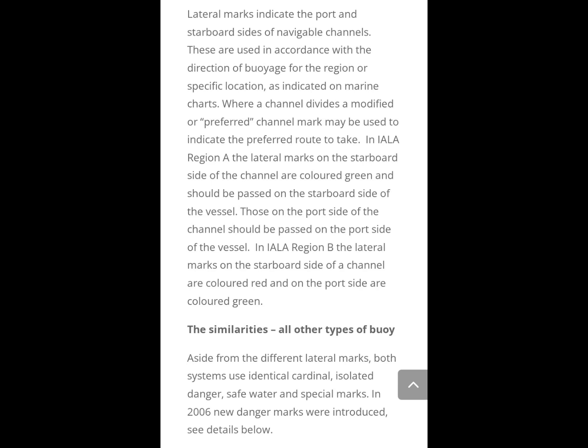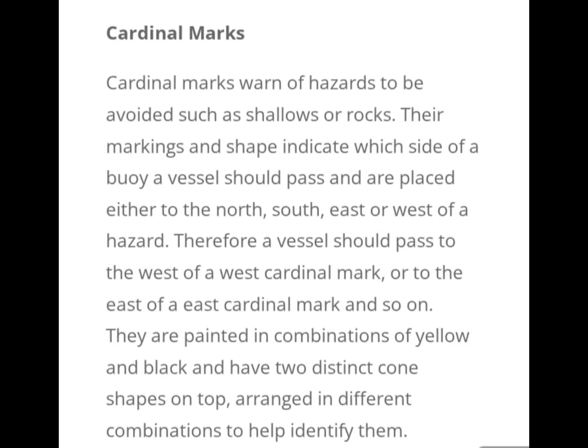The similarities: all other types of buoy. Aside from the different lateral marks, both systems use identical cardinal, isolated danger, safe water, and special marks. In 2006, new danger marks were introduced, see details below. Cardinal marks warn of a hazard to be avoided, such as shallows or rocks.